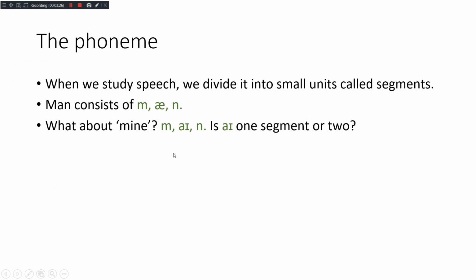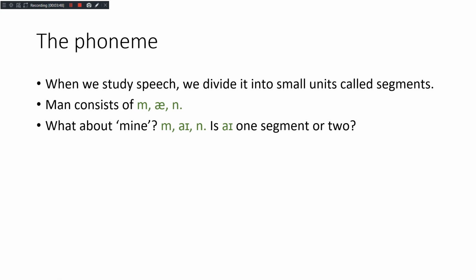What about the word mind? We have the same consonants at the beginning and the end of the word, which are m and n. But what about the sound in the middle? Is it one unit, one segment, or two segments?